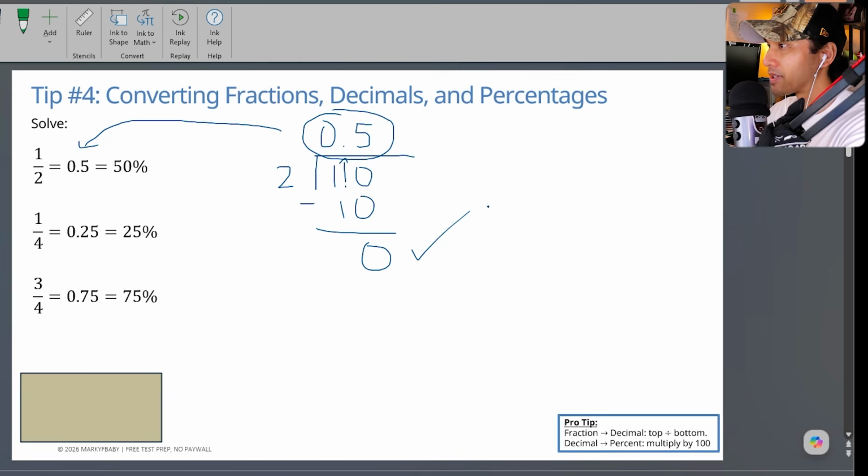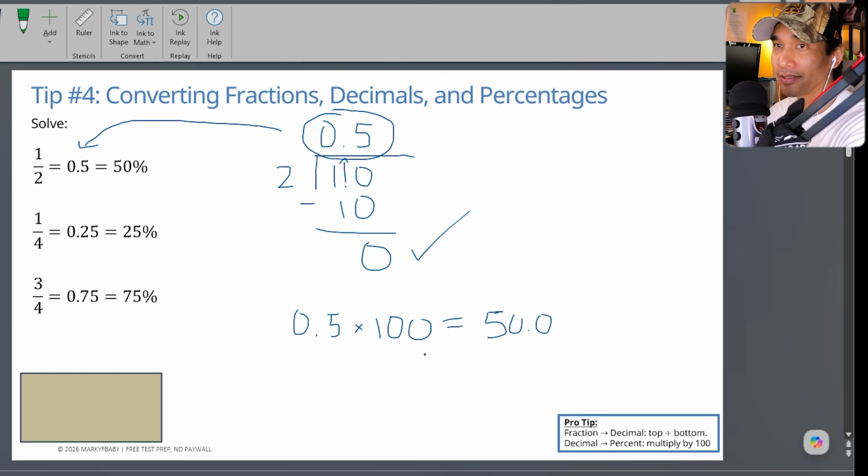And now to get 50%, all you have to do, decimal to percentage, is multiply by 100. So 0.5 times 100 equals 50.0. Now, I get it. I know this. But what's really happening, right? This is what's happening. 100, and then you have your 0.5, right?